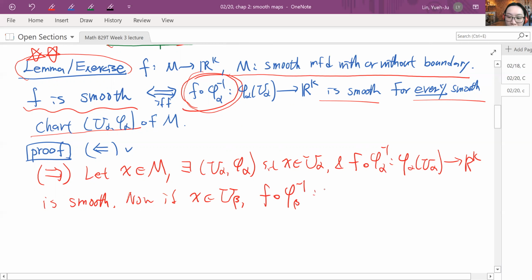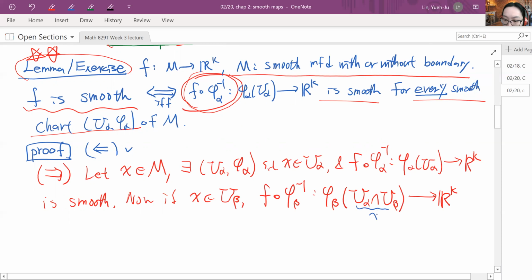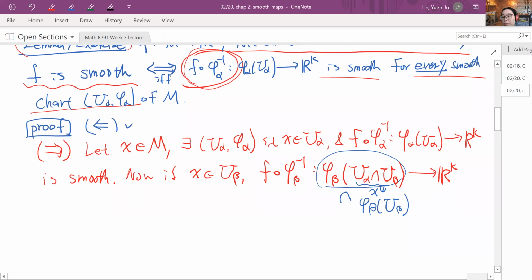The domain will be a bit different, because now you can only consider where they intersect each other. And first of all, even in this domain, X will be in it. And this whole thing lies in the domain phi beta of U beta. So what is this map?